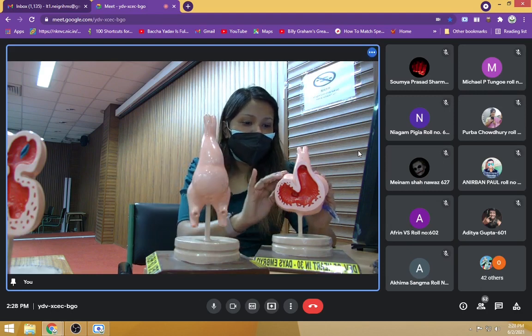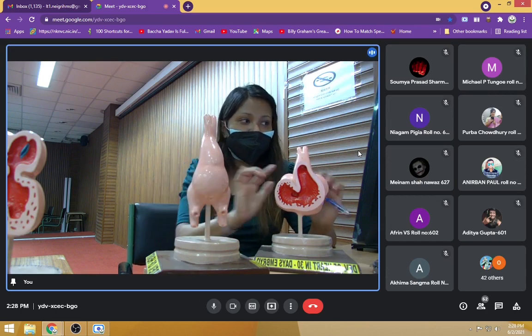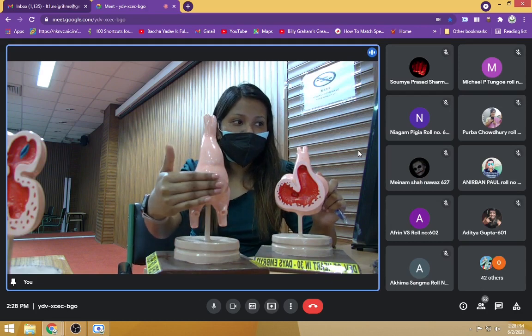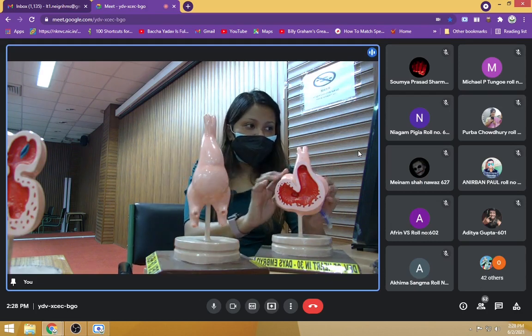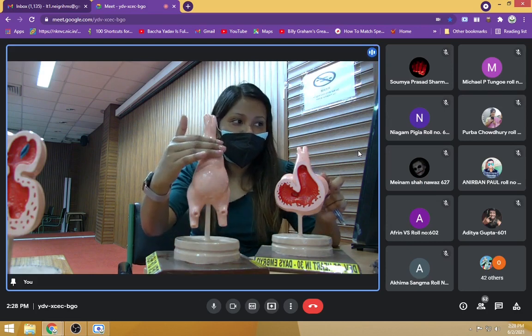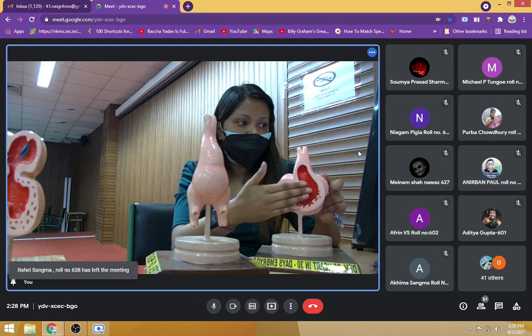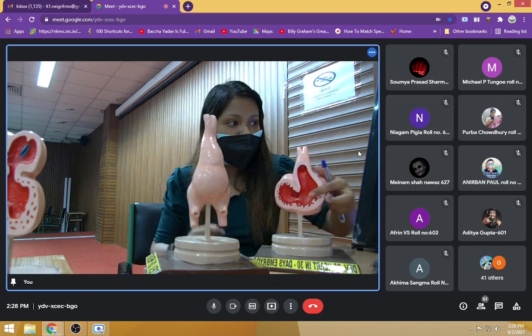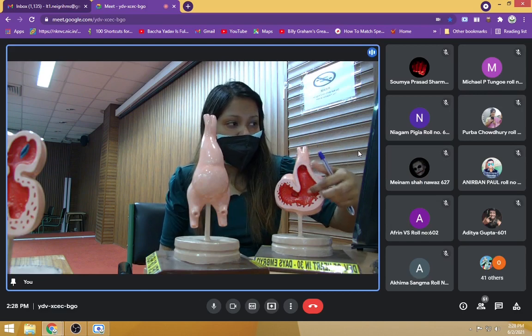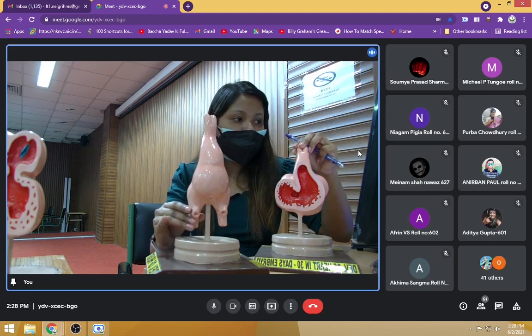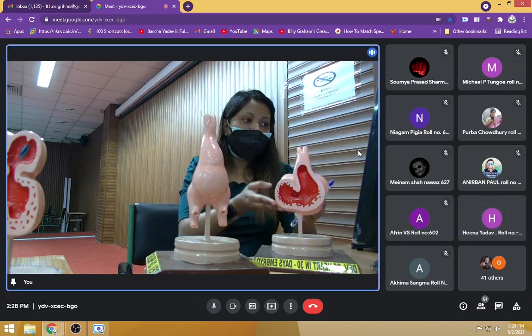So this is the primitive atrium. And this ventricle is this part. These are the ventricles. And this is the bulbus. This is the bulbus with the outflow tracts. And the sinus venosus is at the back side.